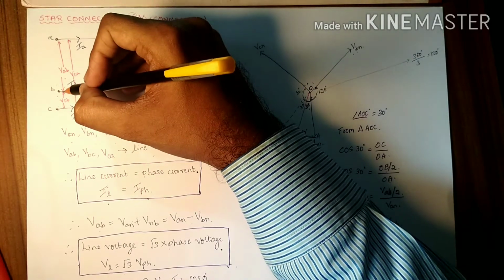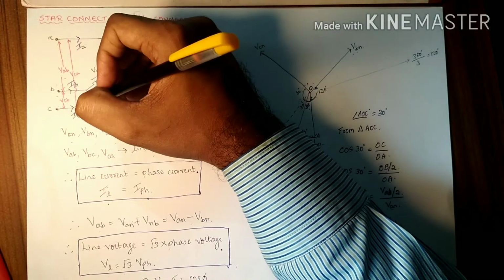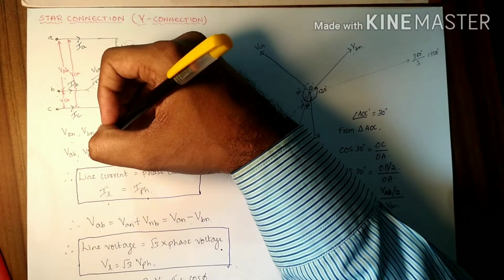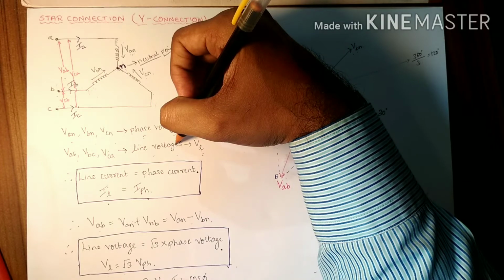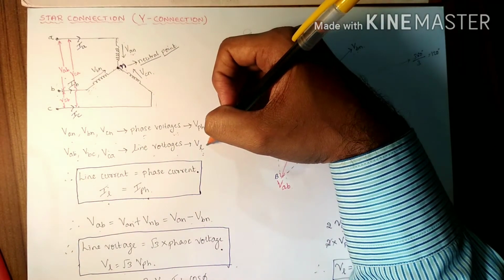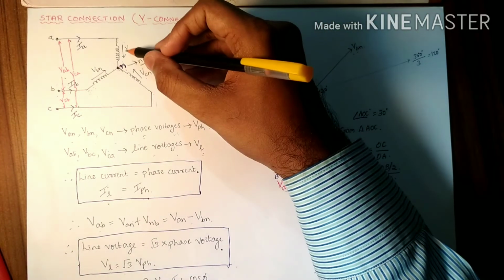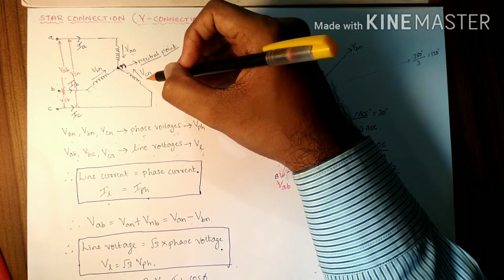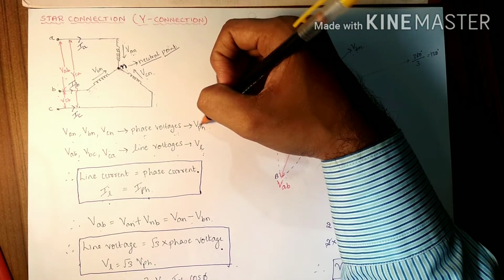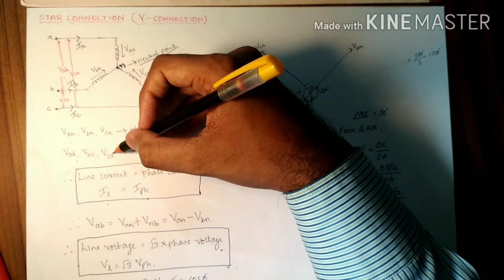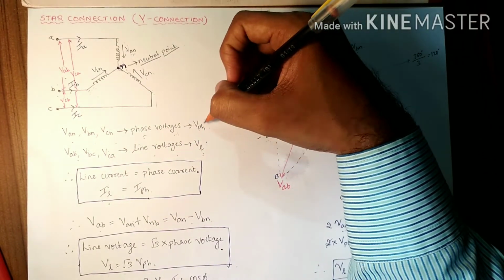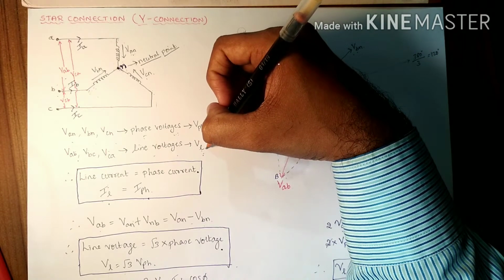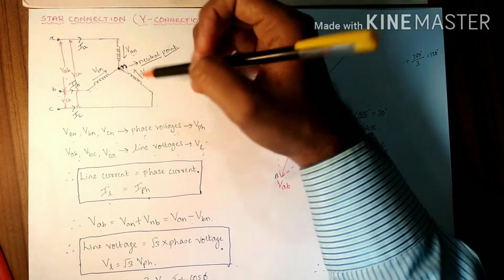So A to B, B to C, and C to A. Therefore VAB, VBC, VCA are also called as line voltages. It can be represented by VL. So VAN, VBN, and VCN are represented by phase voltages. VAB, VBC, VCA is represented as line voltages VL. So VPH, VL.